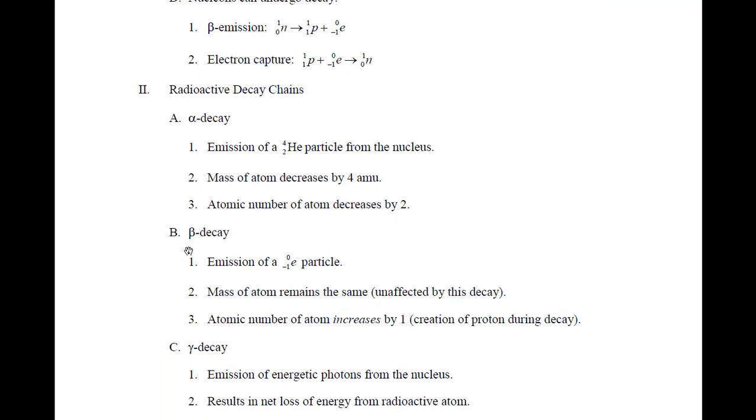If we undergo beta decay, that's the emission of a fast-moving electron during the decay of a neutron. And so the mass remains the same because electrons don't change it and the proton remains behind. But the atomic number actually increases by 1, because we had a neutron which didn't affect the atomic number, but we've created a proton which does, and the electron is ejected out.